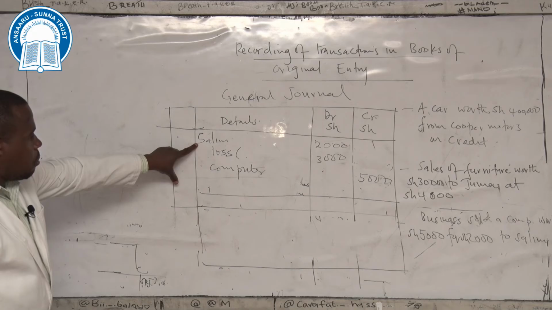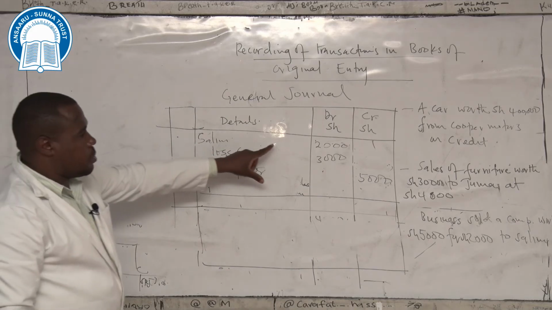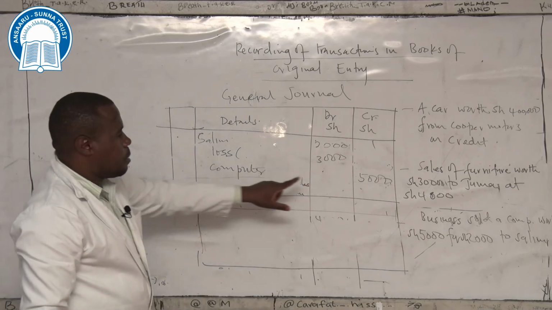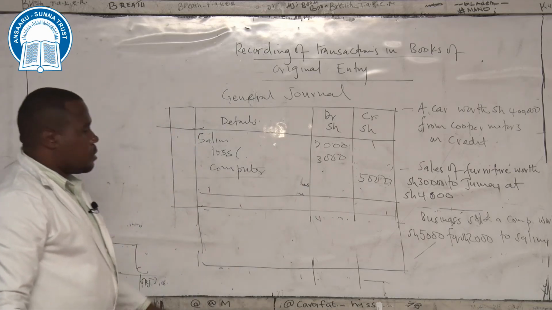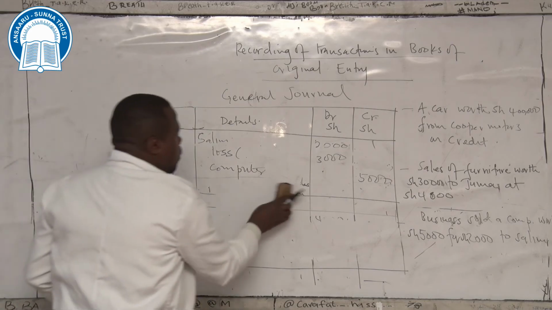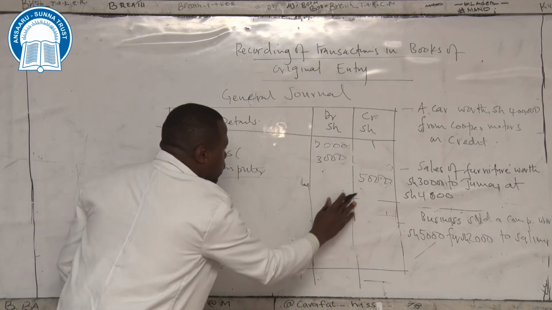Salim, who we will sell the computer to, will only spend 2,000. The computer is supposed to be 5,000. So therein, you also have to write the transaction, what has happened, and that is what is called the narration.